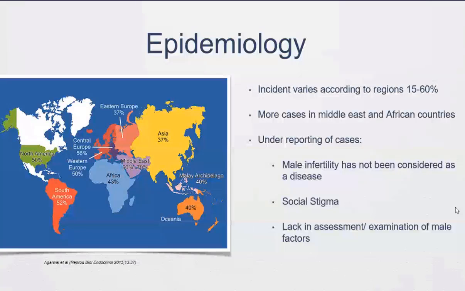The factors that might affect the reported cases are, number one, male infertility has not been considered as a disease. Number two, the most important thing is the social stigma, whereby they are worried about society's perception of male infertility. And the last but not least is the lack of assessment, because the majority of the doctors are focusing on the female causes of infertility.